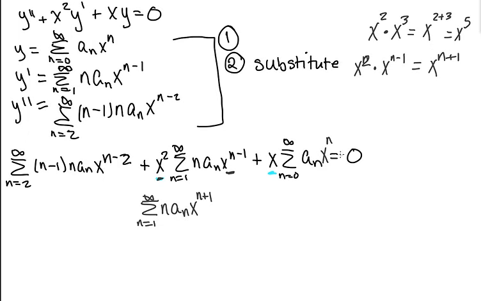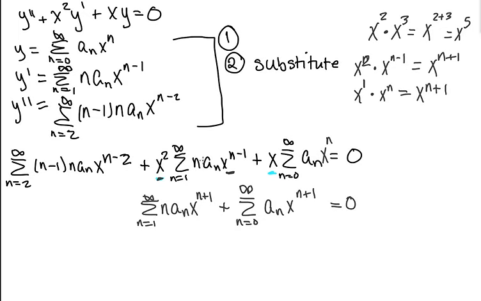Okay, so x times x to the n is, well, this is just to the first, so it's n plus 1. Okay, I'm just going to rewrite this.